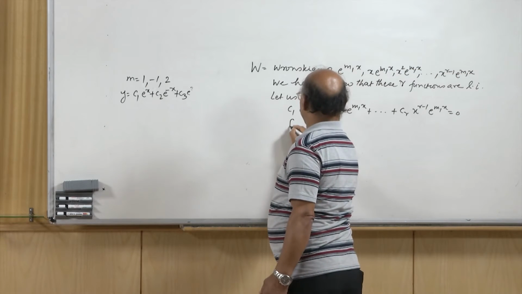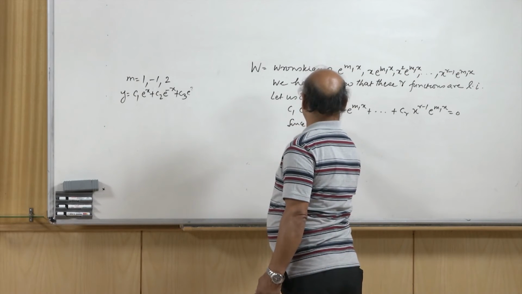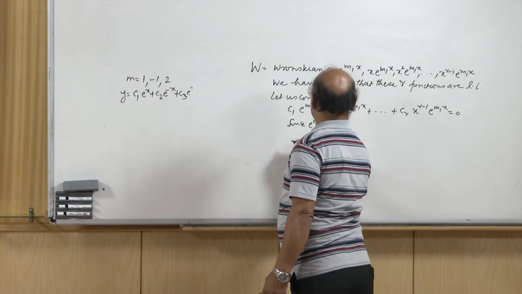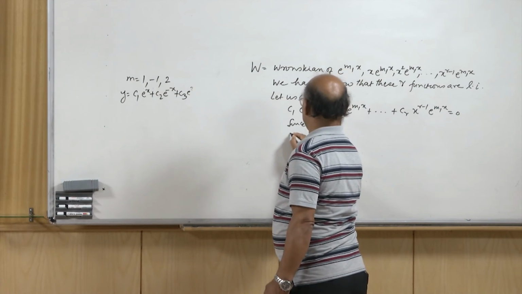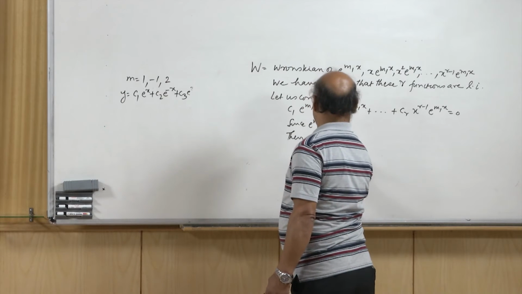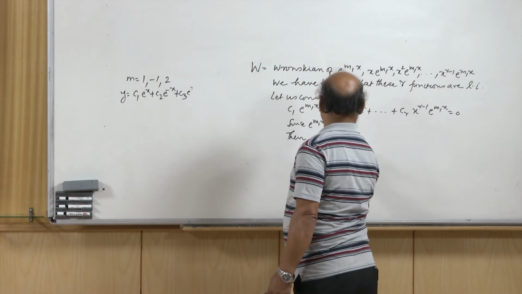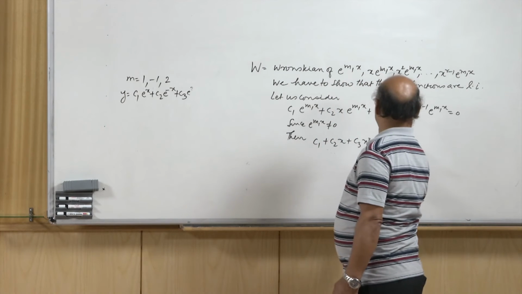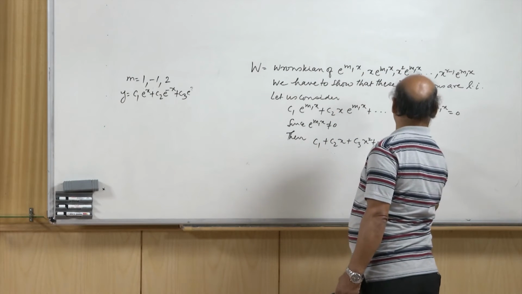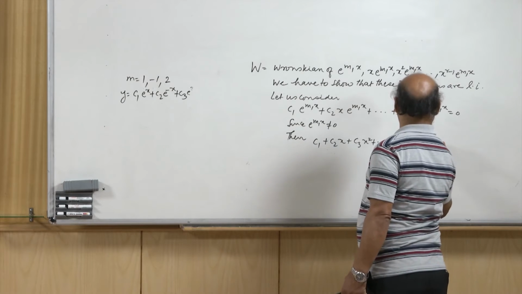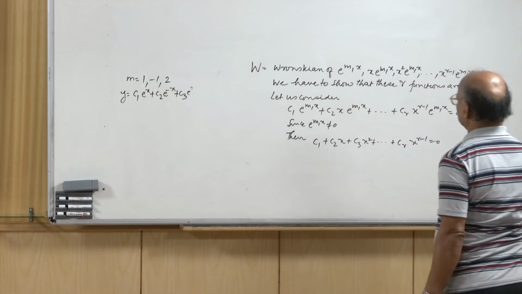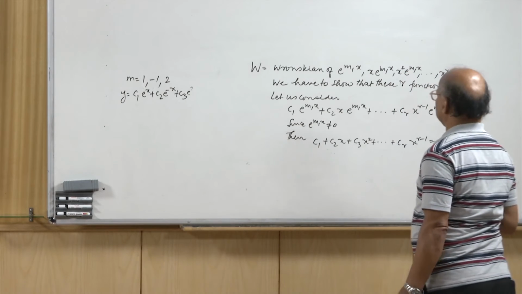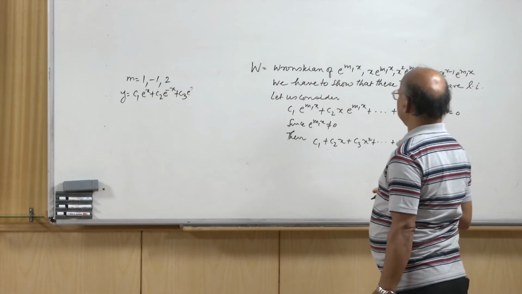Since e to the power m1 x is never 0, let us divide this equation by e to the power m1 x. So, we get C1 plus C2 x plus C3 x square and so on, Cr x to the power r minus 1 equal to 0. Now, we have to prove that this equation gives us C1, C2, C3 and so on, Cr equal to 0.